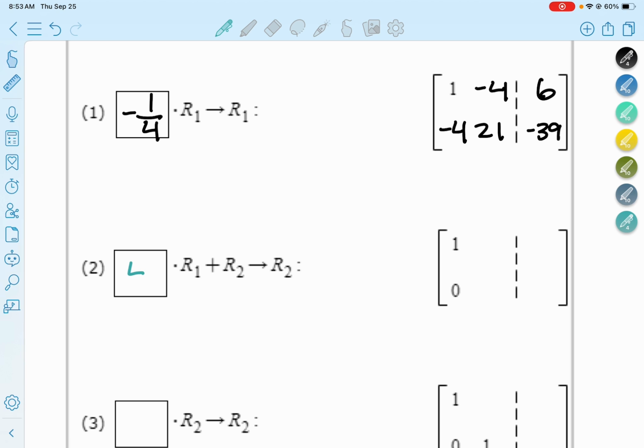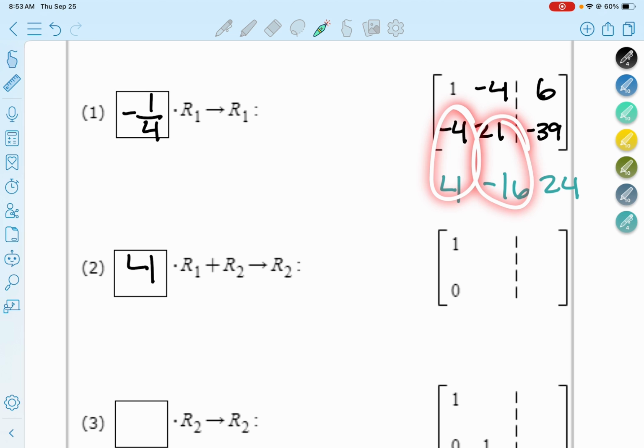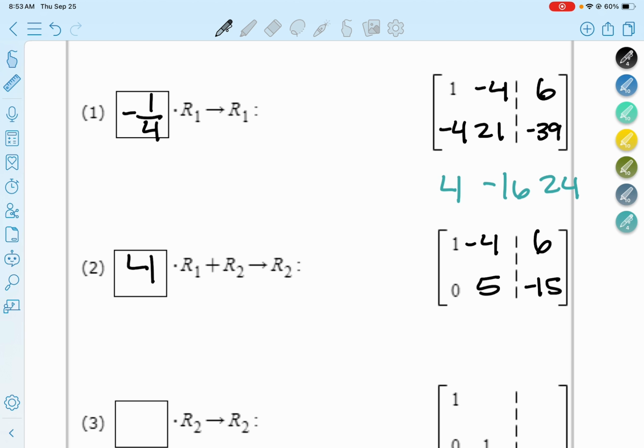So I'm going to multiply this entire top row by 4, such that I get 4, -16, and 24. When I add these two together, I get 0, 21 plus -16 is 5, and then -39 plus 24 is -15. Then I'm going to rewrite the top row, so it's still 1, -4, 6.